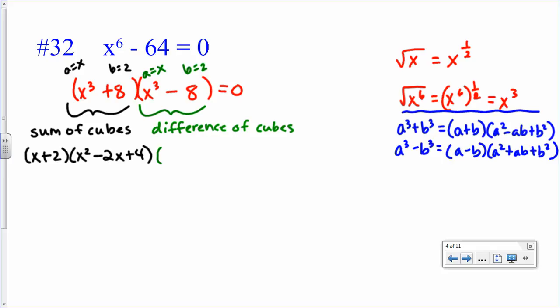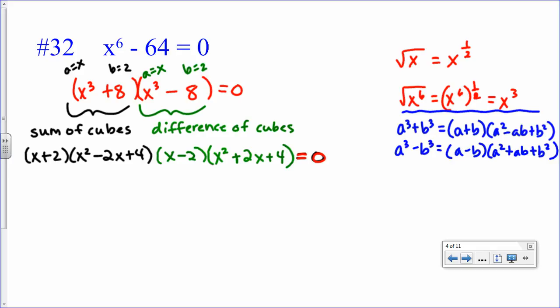So then I get x minus 2, x squared plus 2x plus 4. Okay?